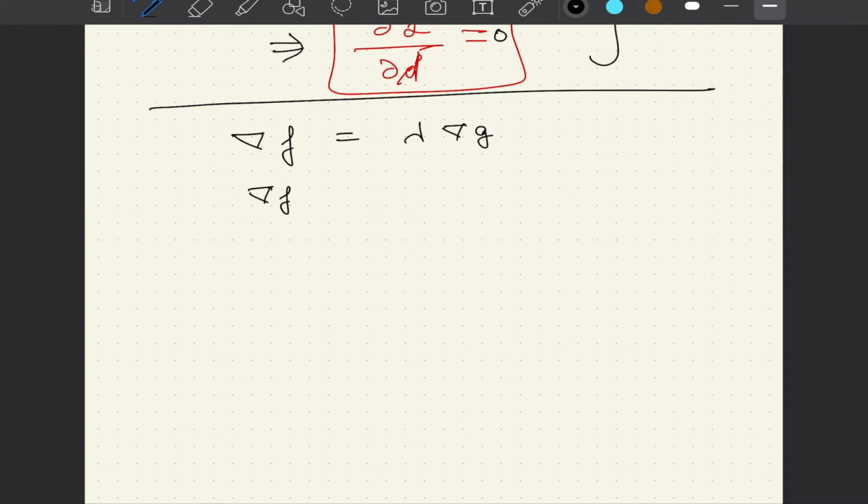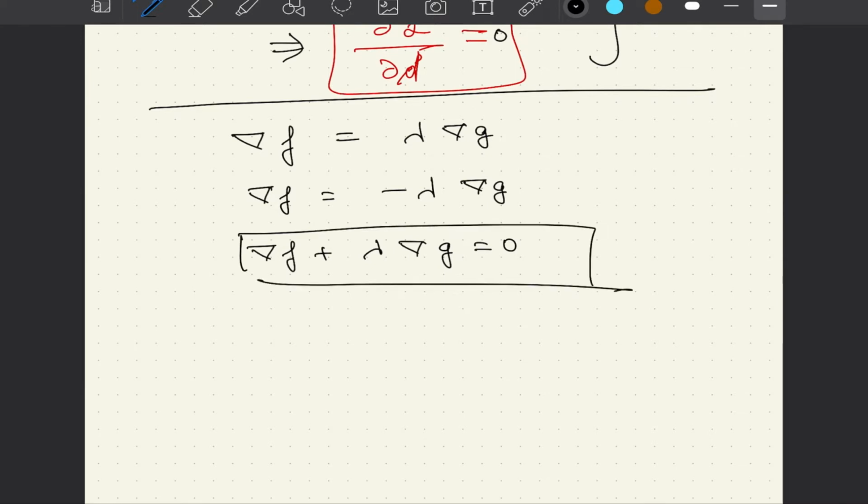In an equality constraint, lambda can also be written as minus lambda times the gradient of g, because this lambda value would automatically take care of the sign. And sometimes you would encounter this form of del f plus lambda del g equal to 0.